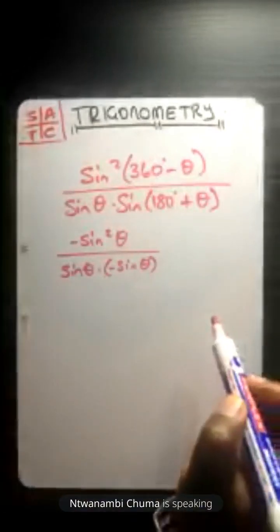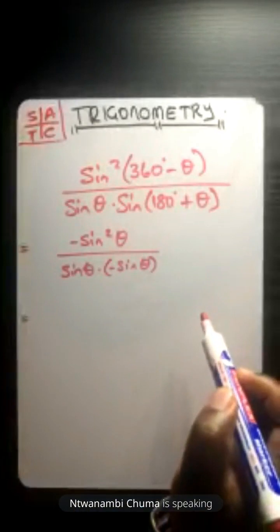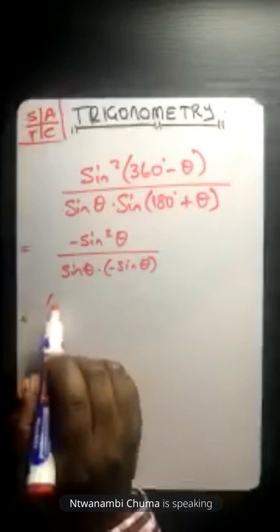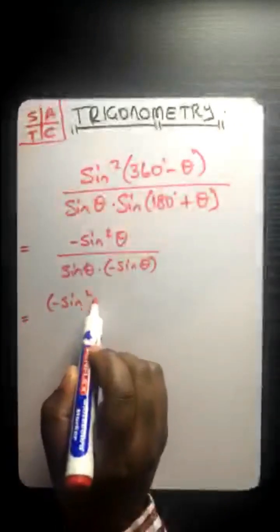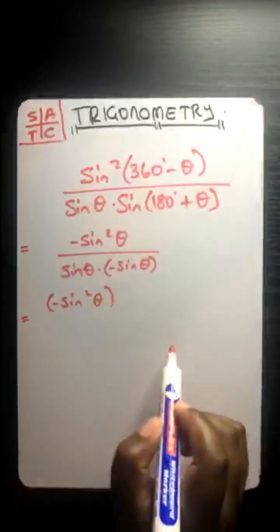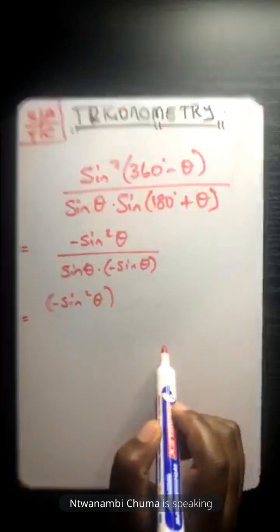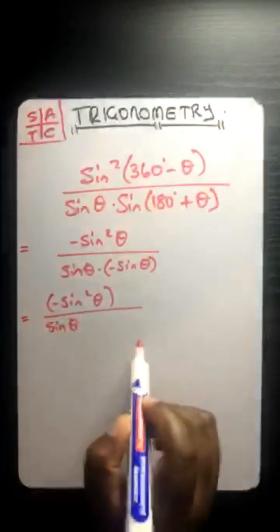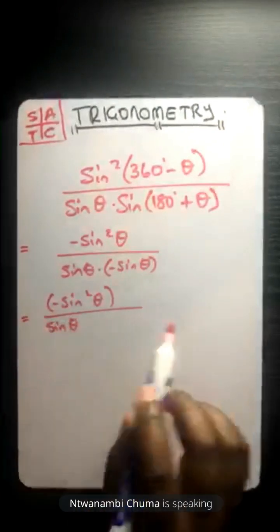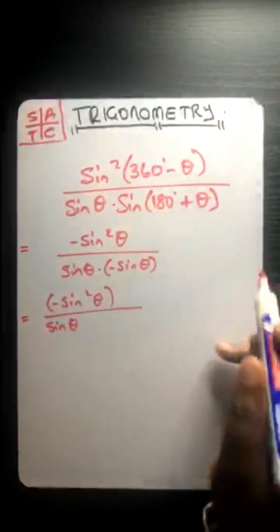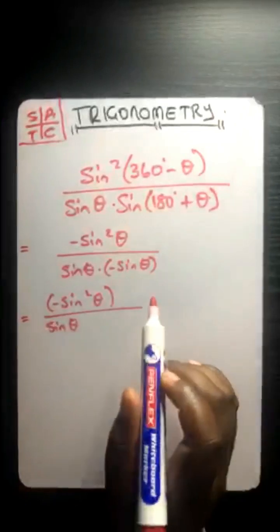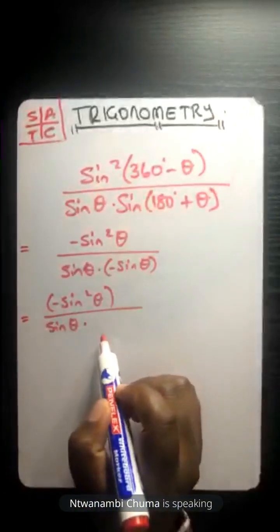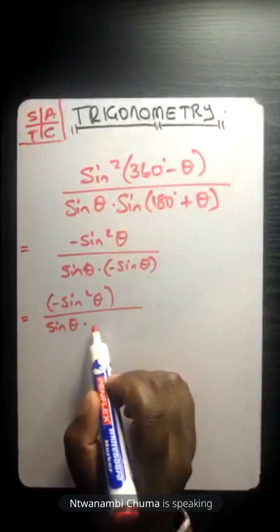Then we put the brackets on negative sine squared theta all over sine theta. So you can just continue, I'll write. You don't need to pause. Just continue, then I will write. Yes, sir. Brackets negative sine theta.